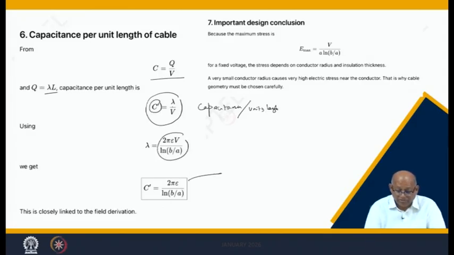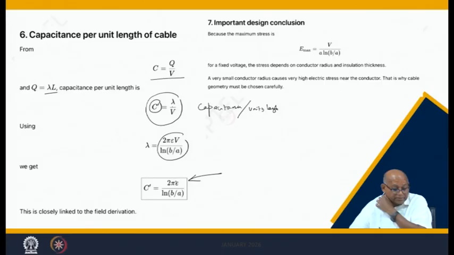So C dash turns out to be this. As long as B and A are fixed, the capacitance is also fixed. Therefore, you have to be very careful about choosing A and B, and also epsilon, to take care of the capacitance.